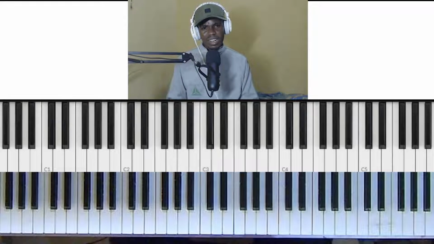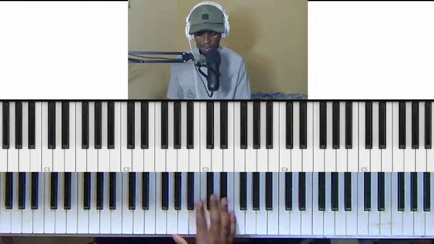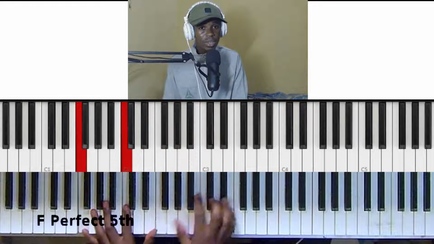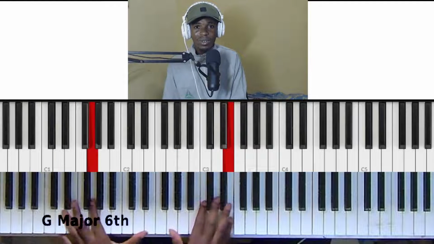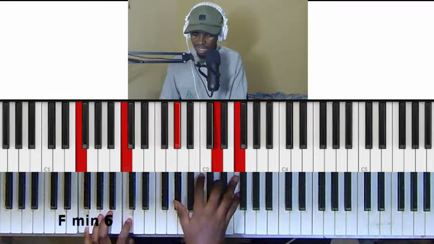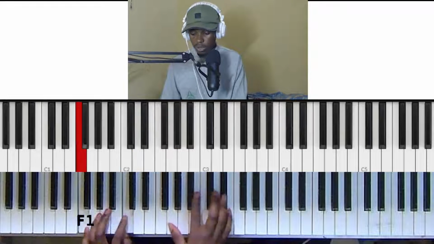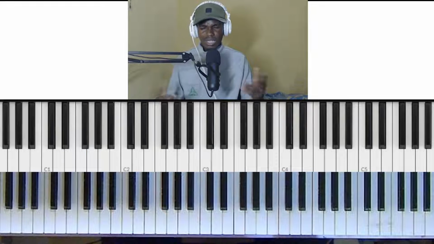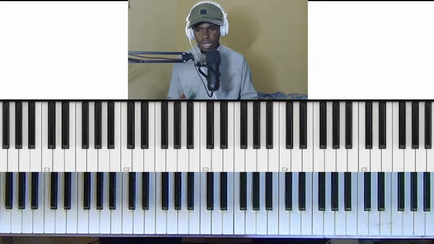Now let's try the negative harmony. We give you glory, Lord, as we honor you. Again using that negative harmony, which is the minor 4 going to the 1. Just let me know which one you prefer, the secondary dominant or the negative harmony. Please let me know in the comments.